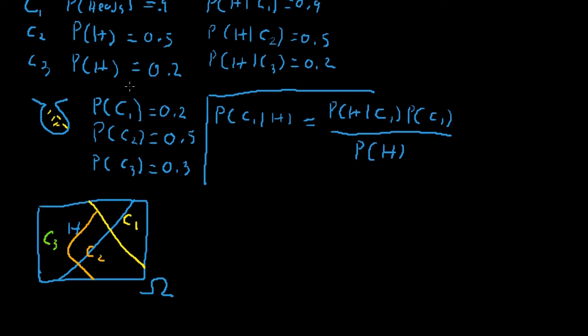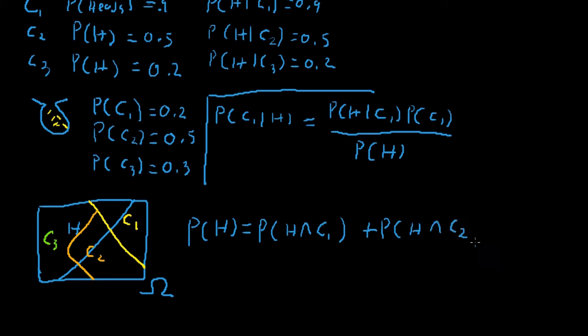Now, looking at this, some of the heads area is in here, some of it's in here, and some of it's in here. So we could write the probability of heads is equal to the probability of heads and coin 1, plus the probability of heads and coin 2, plus the probability of heads and coin 3.